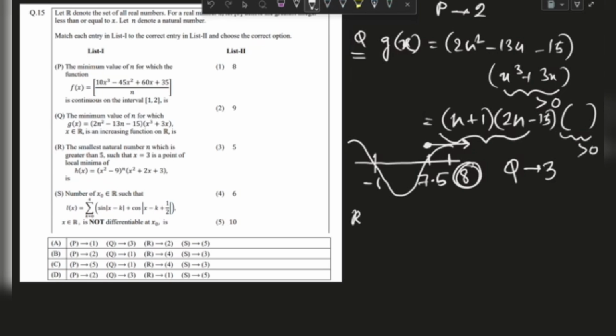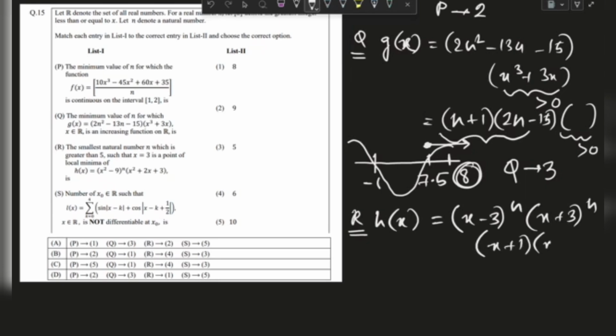Now going on to R. Actually, R is also pretty simple if you think. H of x is x squared minus 9. I will write it out as (x minus 3) whole power n into (x plus 3) whole power n into (x squared plus 2x plus 3). This can be written as (x plus 1) into (x plus 2).